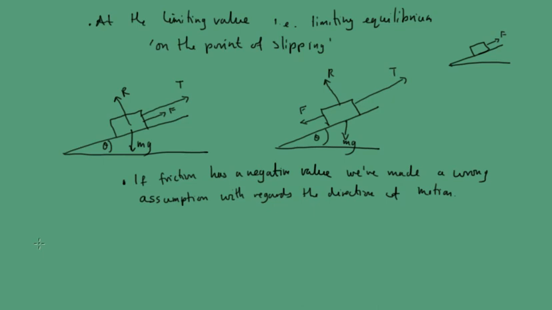The value of friction given by the equation may be too large because friction is limited by mu times R. If this happens, then the object cannot be in equilibrium. If the value calculated for friction to keep the object in equilibrium is larger than the limiting value, an object cannot remain in equilibrium.